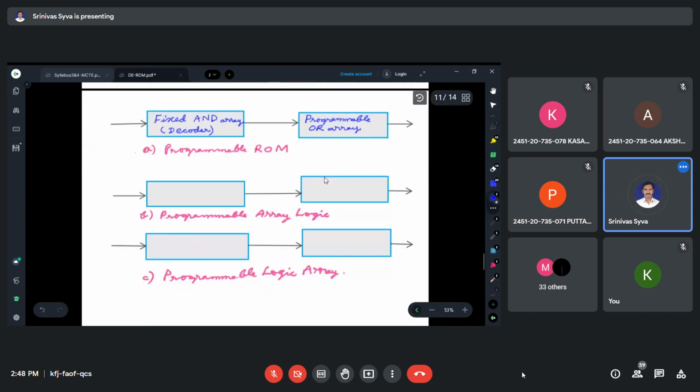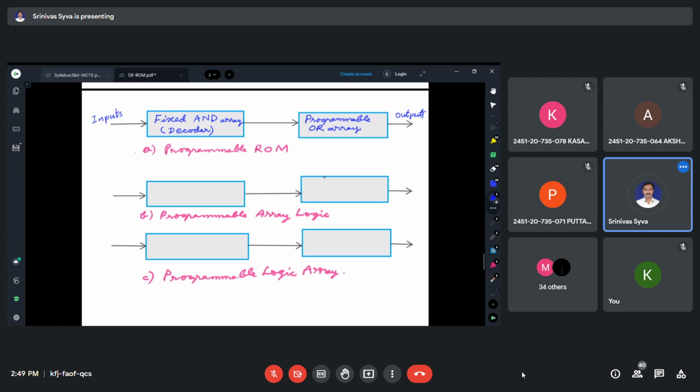Here these are called inputs, and these are outputs. Similarly, in the programmable array logic, AND gates are programmable.